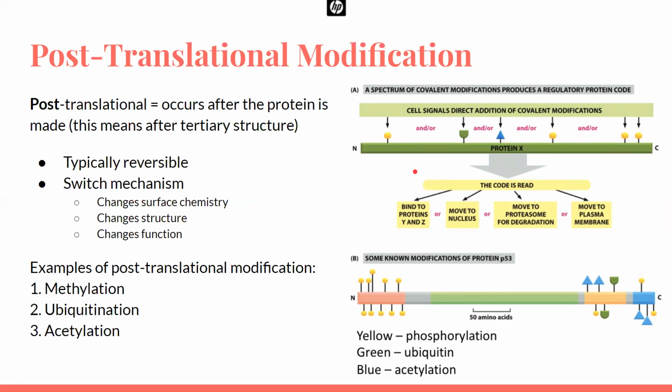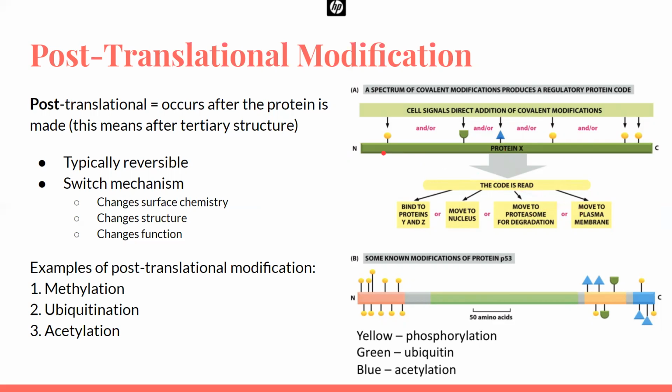So by phosphorylating the protein, this tells the protein to move to the nucleus. Or if you add ubiquitin, this tells the protein to move to the proteasome for degradation. That's an example of ubiquitin-mediated proteolysis, which we'll talk about a little later in the class.